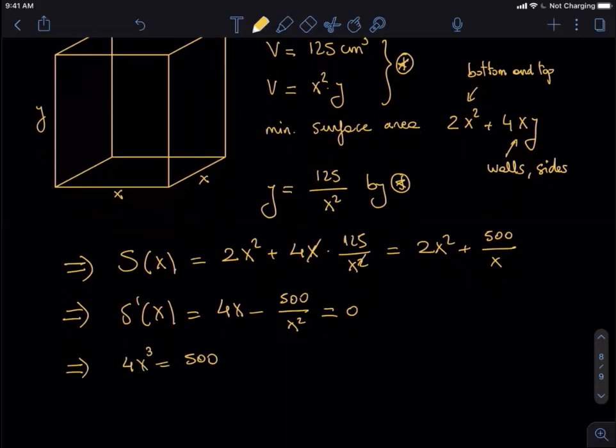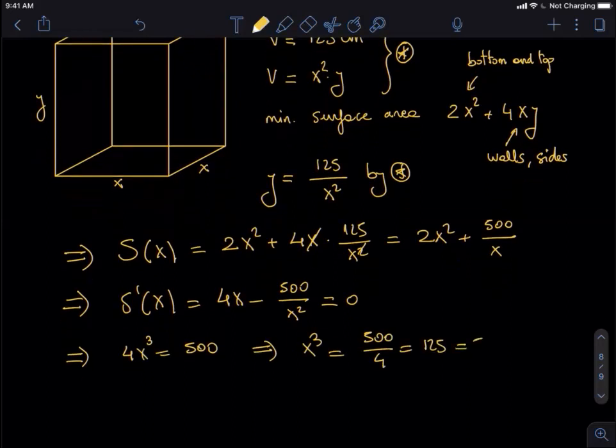So 4x to the power 3 equal to 500. That means x to the power 3 equal 500 over 4, which is 125, which is 5 to the power 3. So we get x equal to 5. And this part is done.